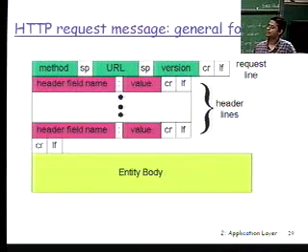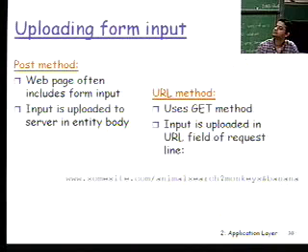So this is the PDU or the protocol data unit for HTTP, similar to the DNS protocol data unit that we saw last lecture. So this is the request message. Get is the most commonly used request method, which is used for downloading information from a server.